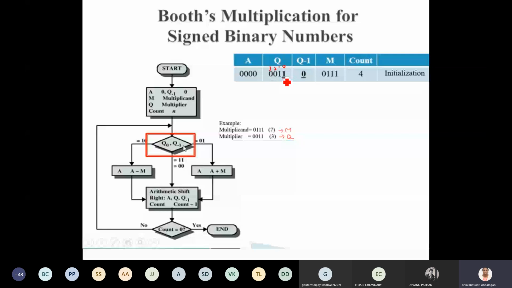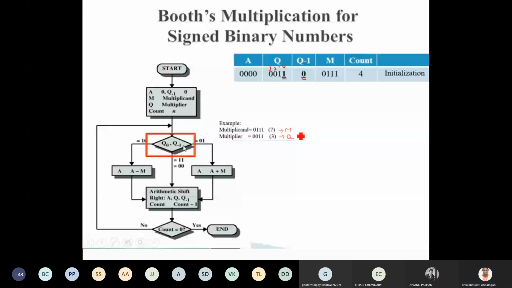What is Q minus 1? I have initialized it to 0 already, so I am checking Q0. So what is the combination here? It is 1 and 0. If it is 1 and 0, the control will go to this particular statement to execute.